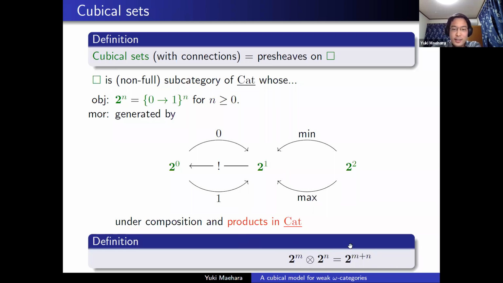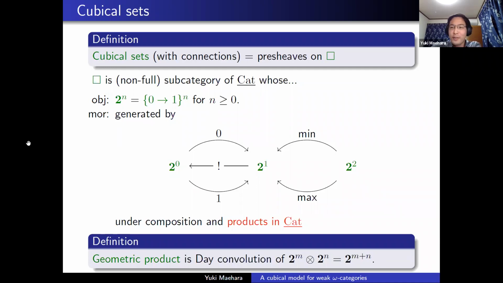And so this is a monoidal structure on this category of cubes, and we are looking at the presheaf category. So we can extend this by Day convolution, and we call the resulting thing the geometric product of cubical sets. So this taking products of cubes is the fundamental construction on cubes, and this geometric product is somehow the presheaf version of that.